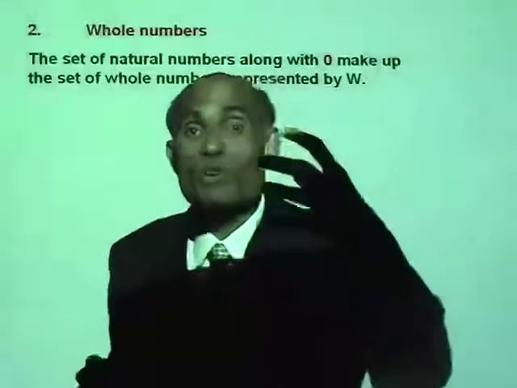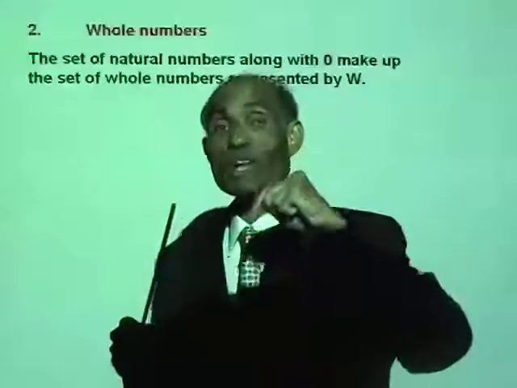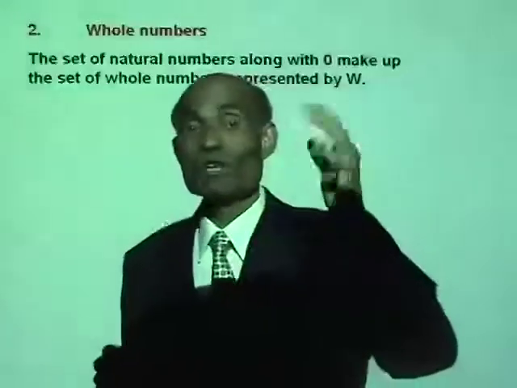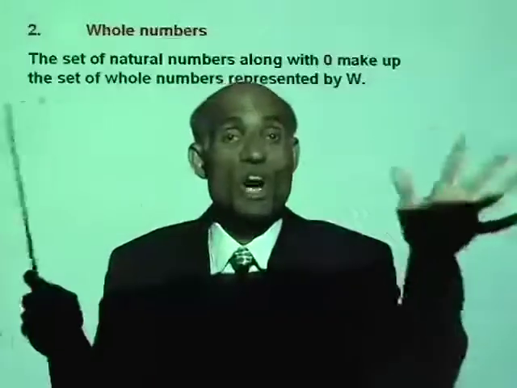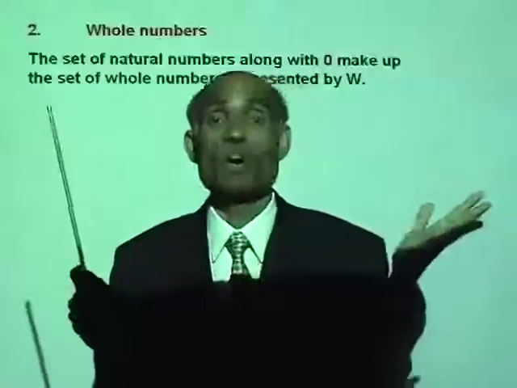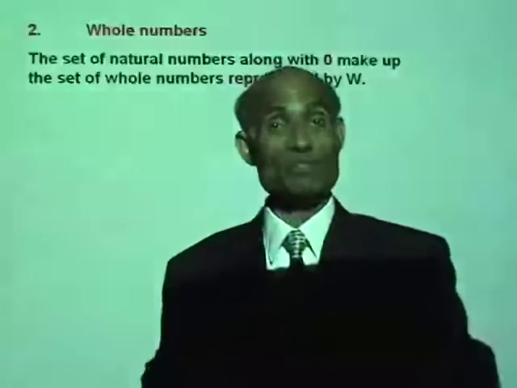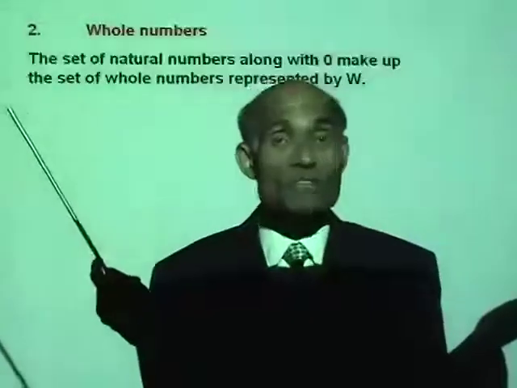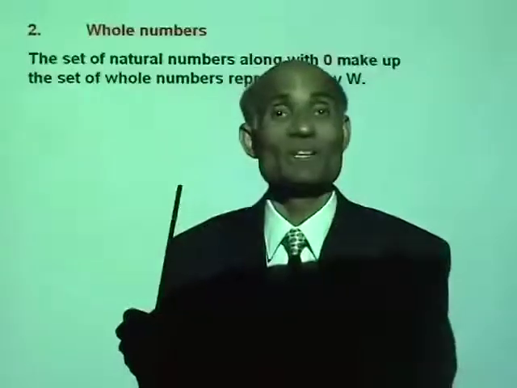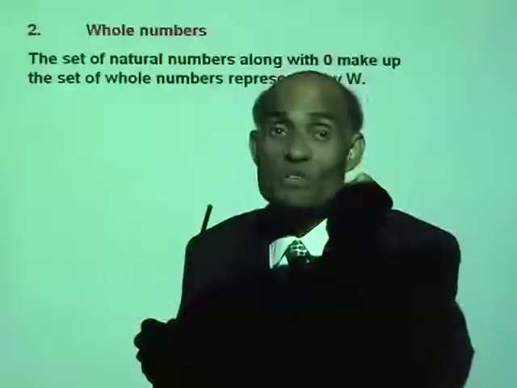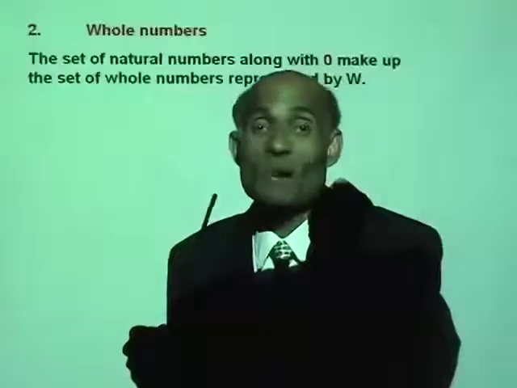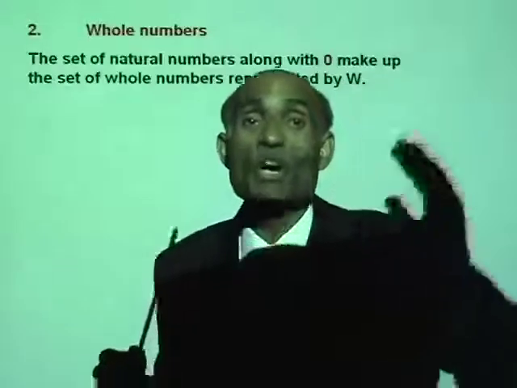You see, 0 was discovered a lot later. Earlier on, the concept of 0 was not understood because you count only if you have things. If you don't have things, you don't count. So the idea of 0 was not understood by mathematicians early on.